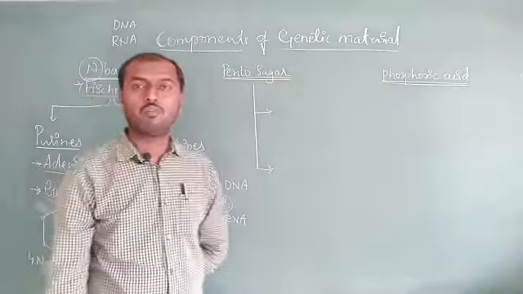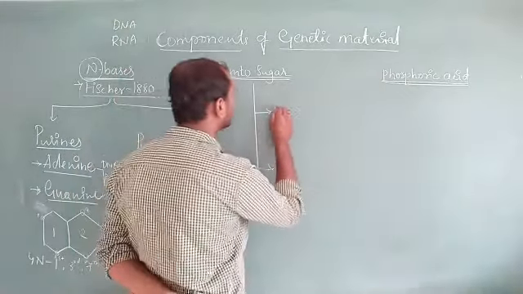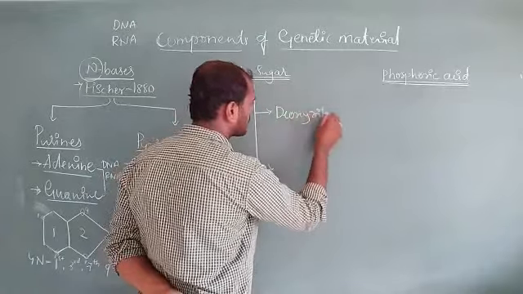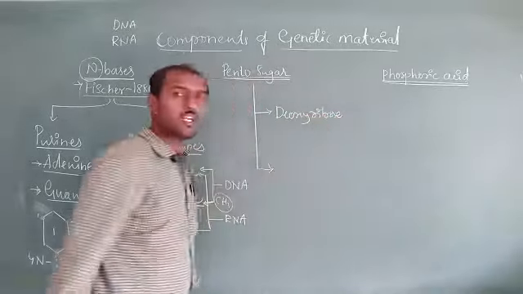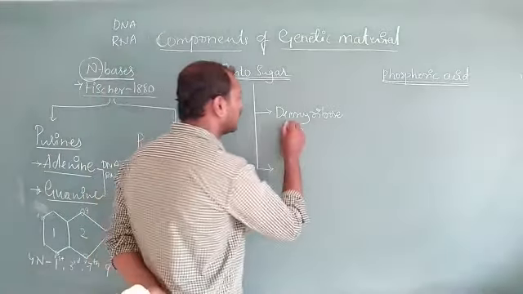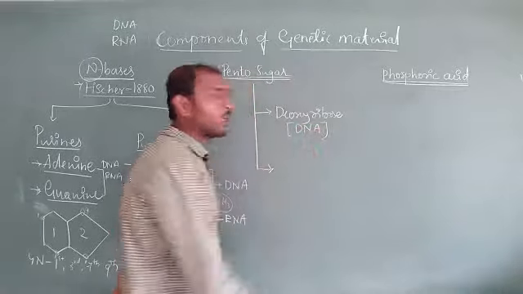The first kind of pentose sugar is deoxyribose pentose sugar, which is present only in DNA.